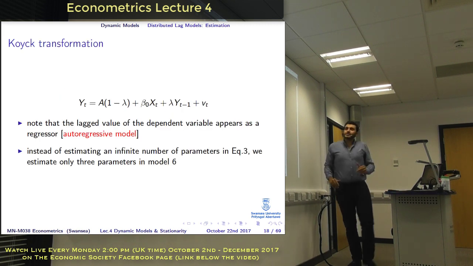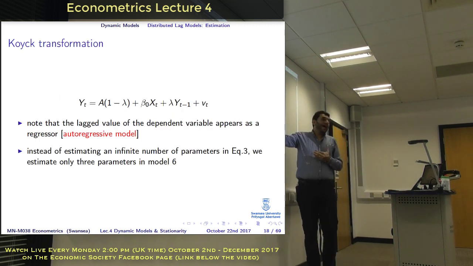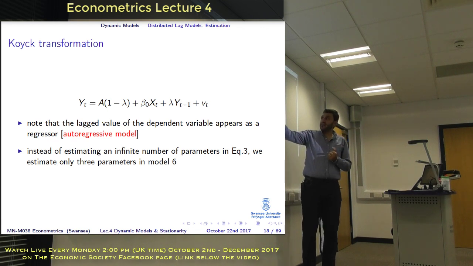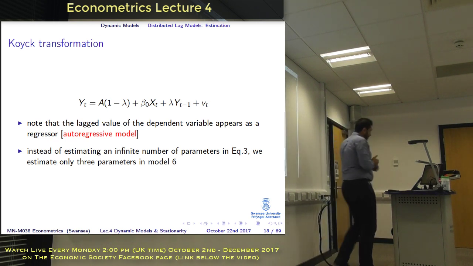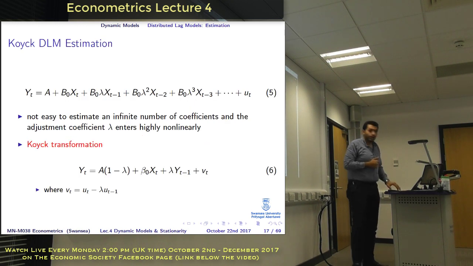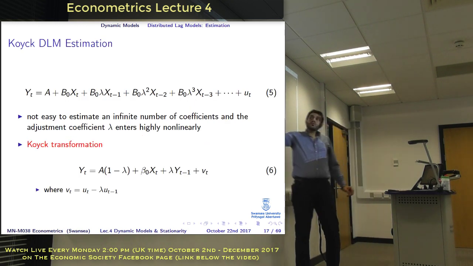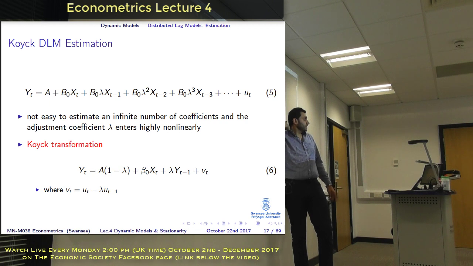Now you should notice that we have the dependent variable in its first lag form on the right-hand side. We didn't have this with the distributed lag model. If I go back to that equation, you don't see y t minus 1 on the right-hand side.